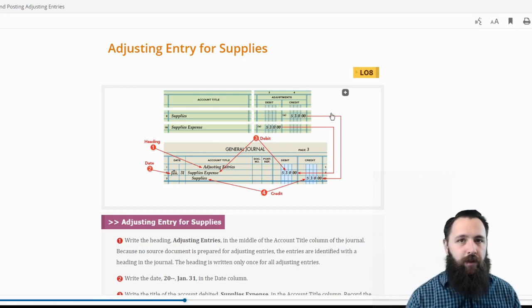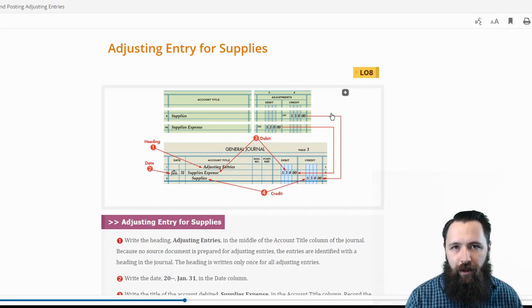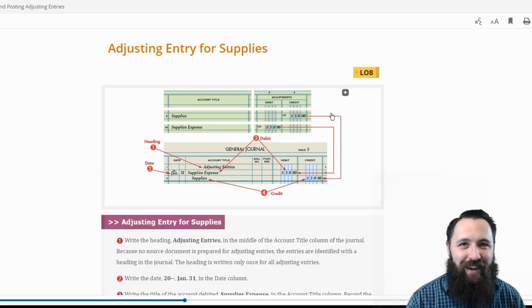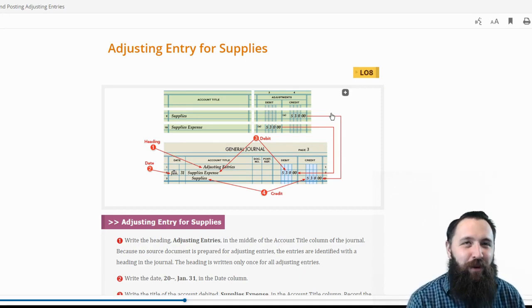That was something they did in the book that we don't necessarily have to do on our online working papers. But this is the reason why, because we can now see that supplies and supplies expense are 2 accounts that are connected. I'm sure you can all recognize that supplies and supplies expense would be connected, but when it comes to our adjusting entry, we are going to use both of these accounts together.